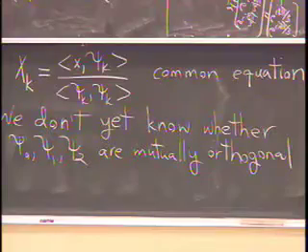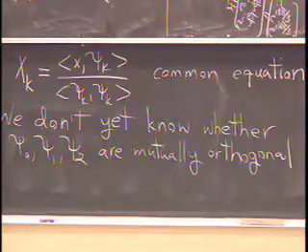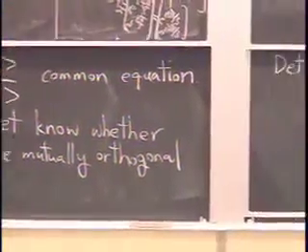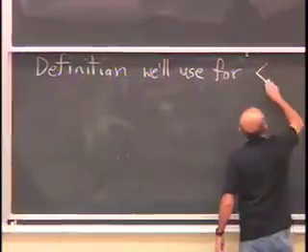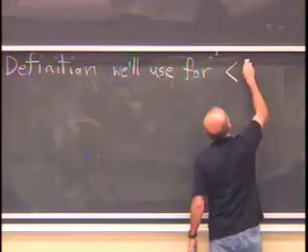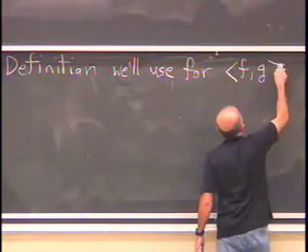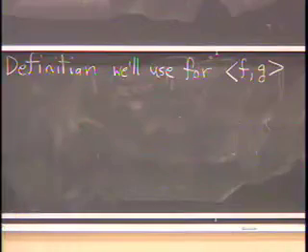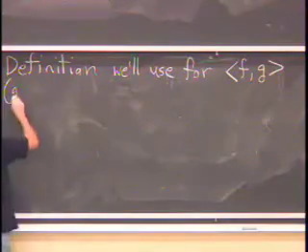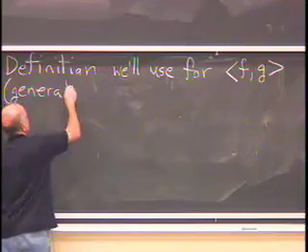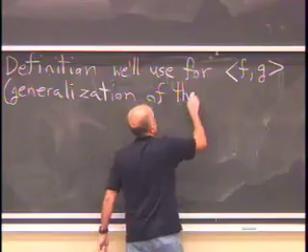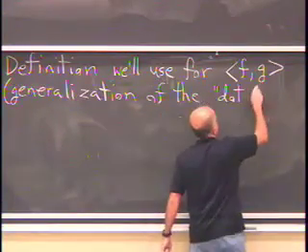Definition. There's no unique definition of inner products, by the way. But this is the definition we'll use for the inner product of a vector f and a vector g, which is the generalization of the dot product.